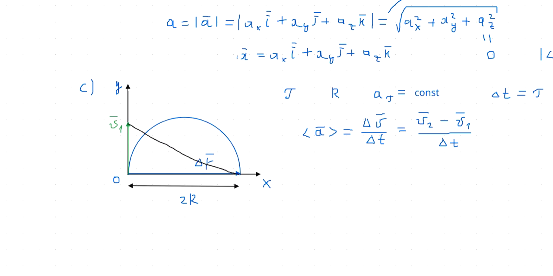Maybe something like this. No, no. The velocity is always directed tangentially to the trajectory. The trajectory is half of a circle, this half of a circle. This is the trajectory of motion.